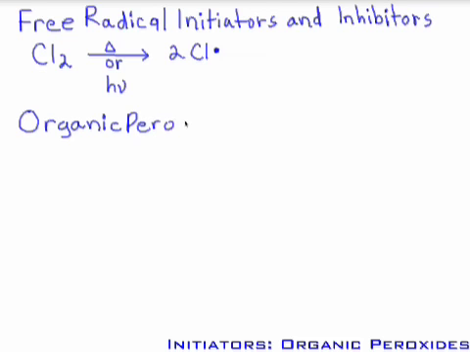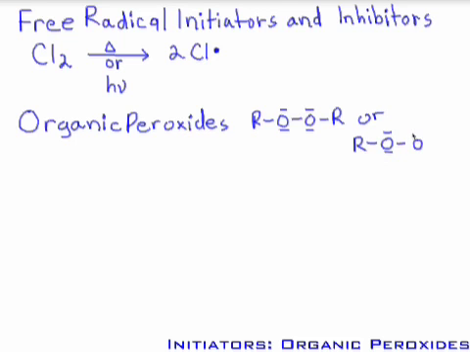Molecules that are either R, O, 2 lone pairs, O, 2 lone pairs, R, where R is an alkyl group, methyl, ethyl, or R, O, lone pair, O, lone pair, H. Hydrogen peroxides.